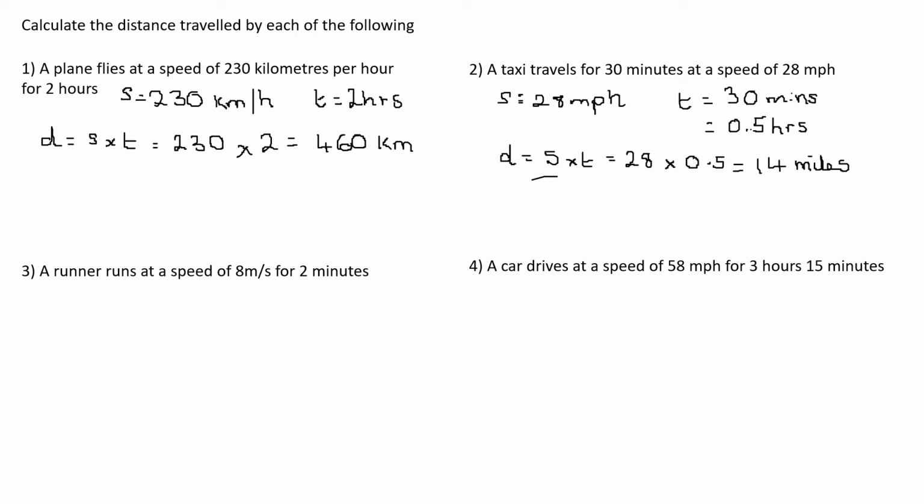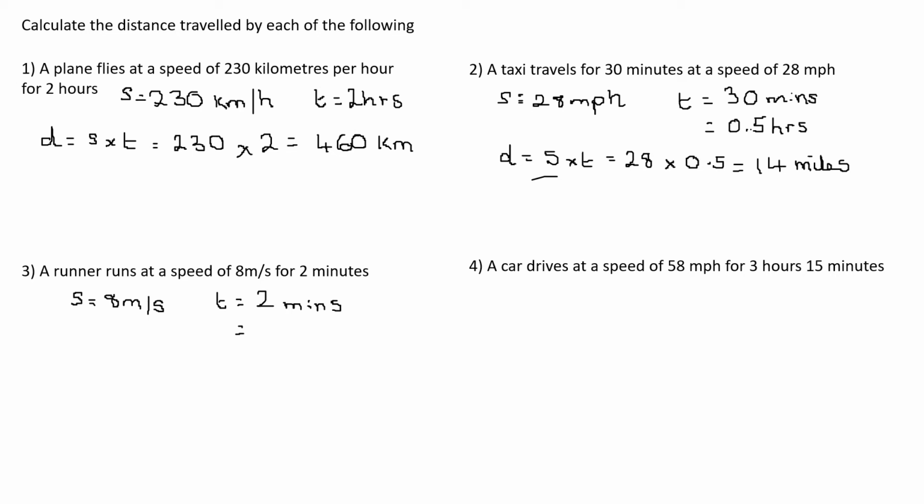Question 3. A runner runs at a speed of 8 meters per second for 2 minutes. So my speed is 8 meters per second. My time is 2 minutes. And again, I've got this discrepancy between my units. I've got meters per second, but my time's given in 2 minutes.